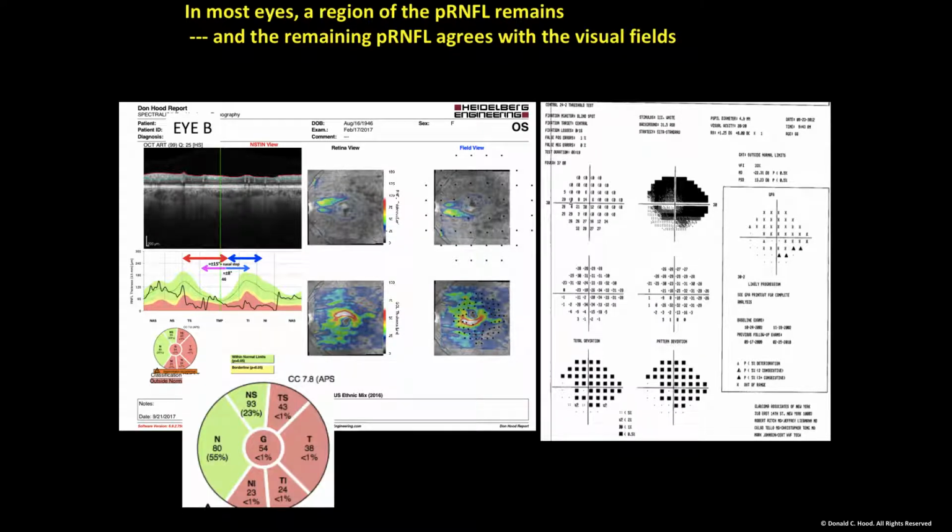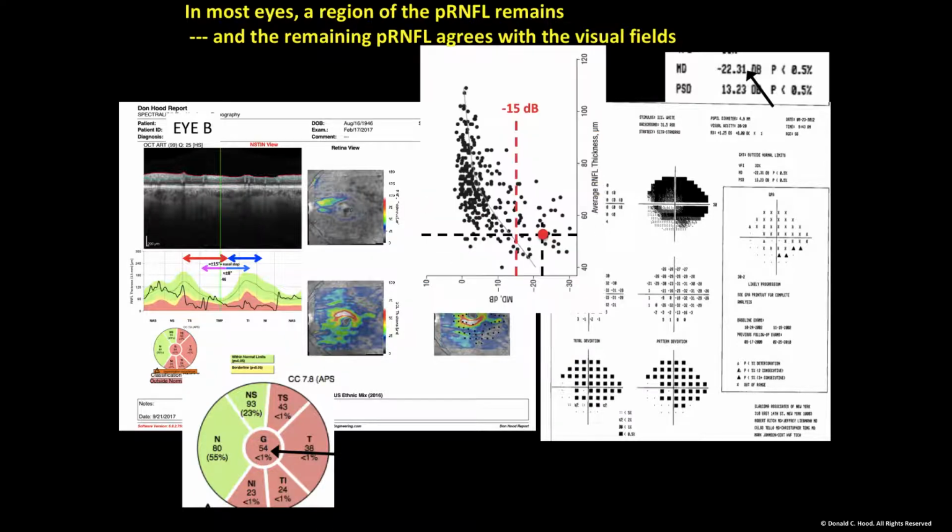So here's another eye. Global thickness here, 54 microns. Minus 22 dB mean deviation. That point would fall right about here, right smack in this region. Notice that it looks like something might be preserved here on the 24-2.